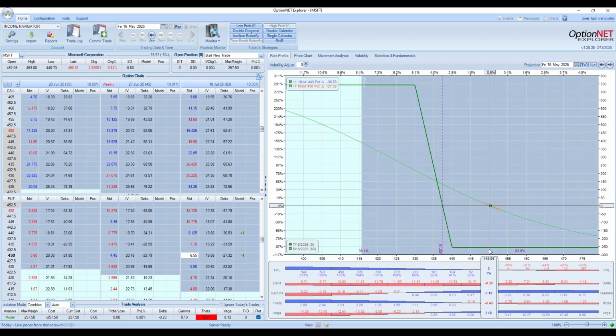But the odds of this spread making at least a penny or more at expiration is about 64%. So we have a pretty decent risk reward, and the odds are pretty decent. It's not a coin toss.